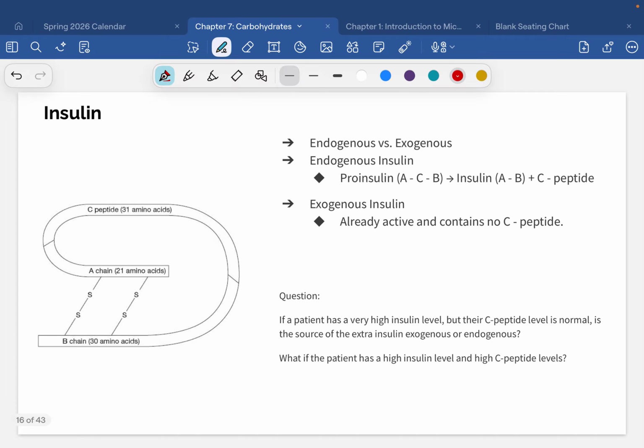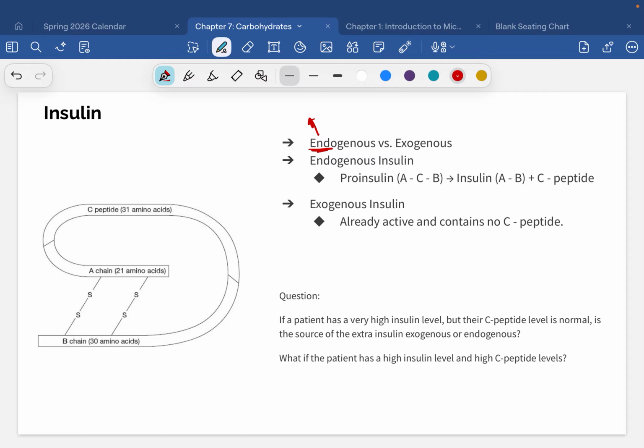Okay? So before we talk about diseases affecting blood glucose levels, I want to talk a little bit about insulin, specifically the difference between endogenous and exogenous. If you've taken medical terminology or anatomy and physiology, these prefixes, suffixes and base words are going to be really important.